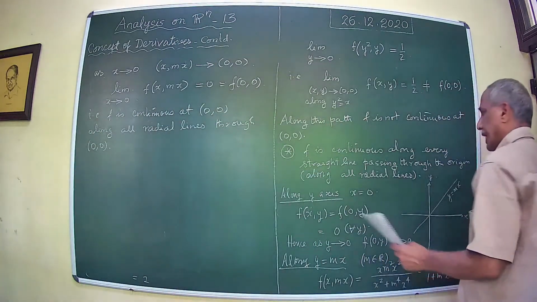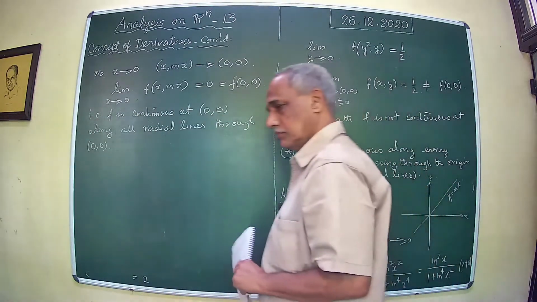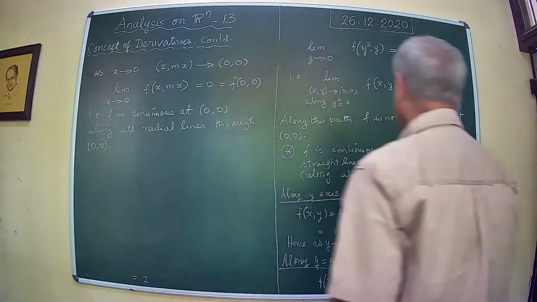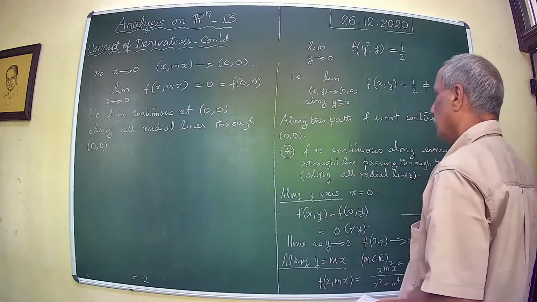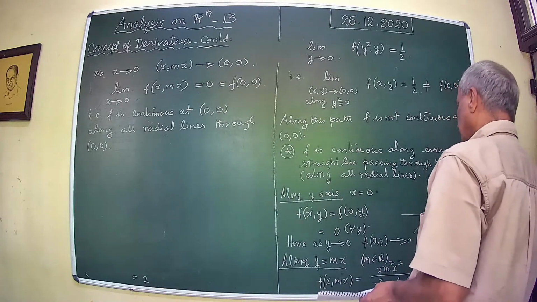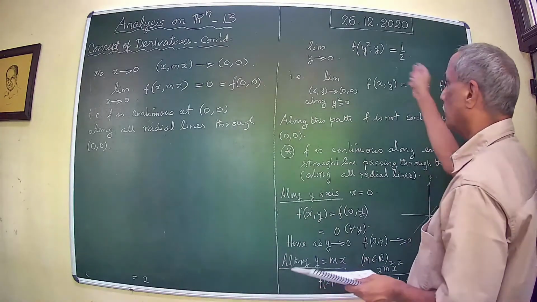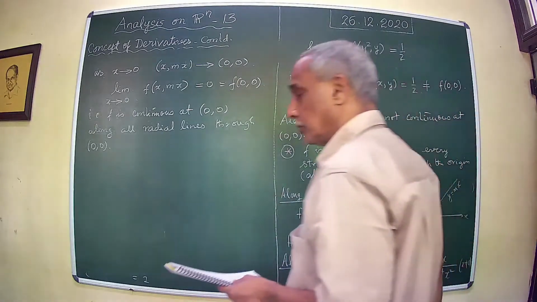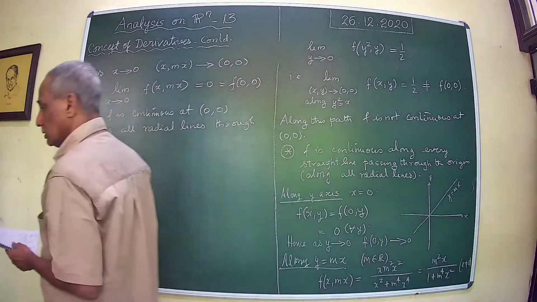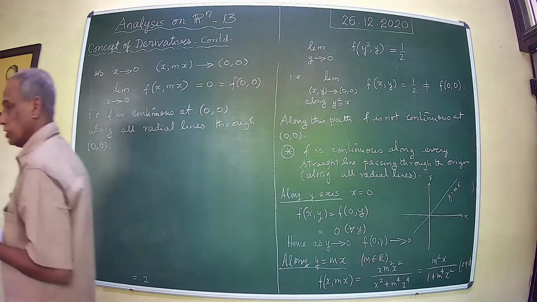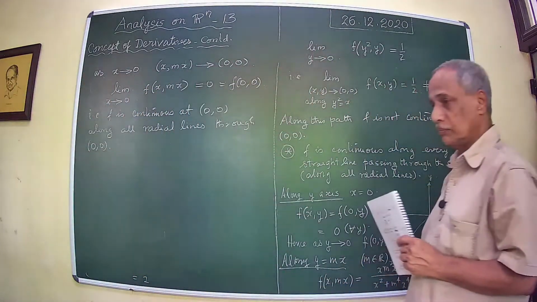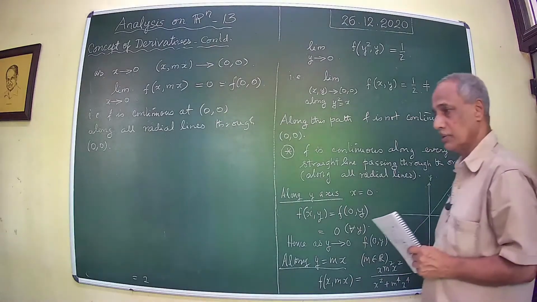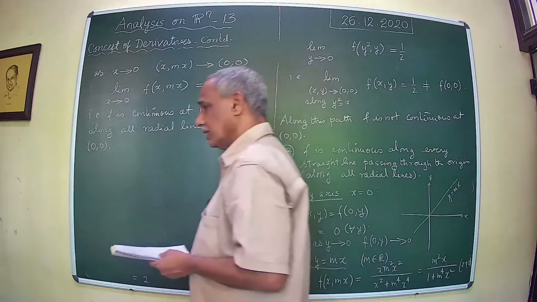Now remember at other points there is no problem. At other points x, y there is absolutely no problem at all. This is a well-defined function. The numerator is a polynomial, the denominator is a polynomial. They are all nice functions, and the denominator does not vanish at other points, and therefore the ratio is a continuous function.